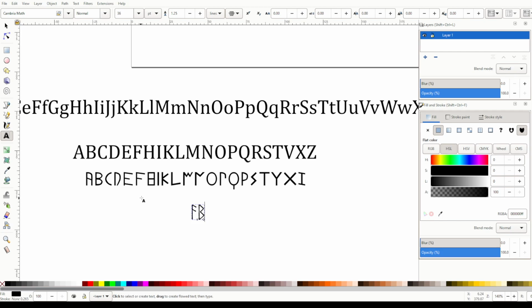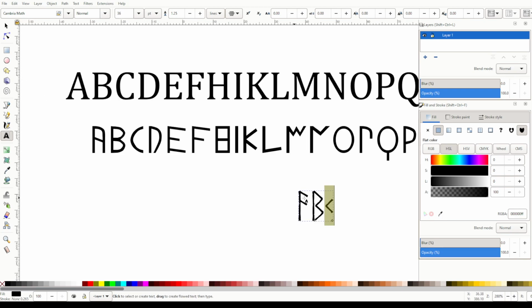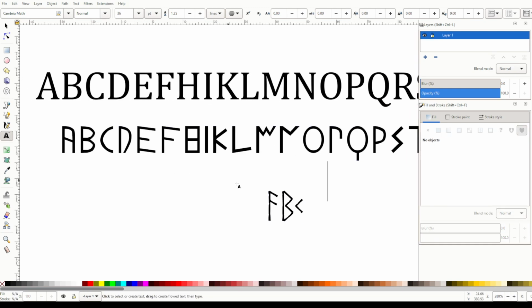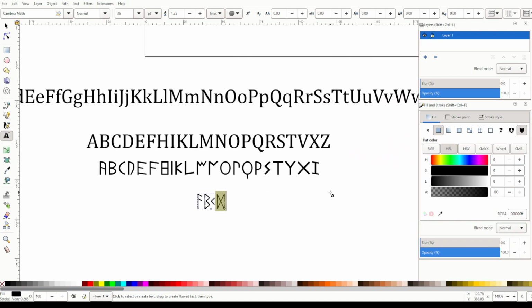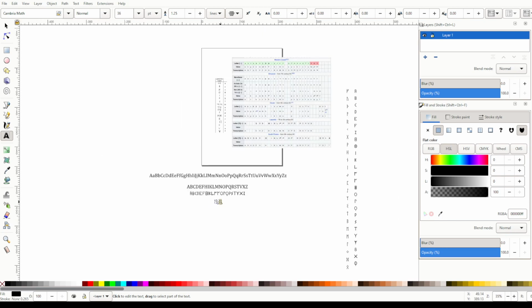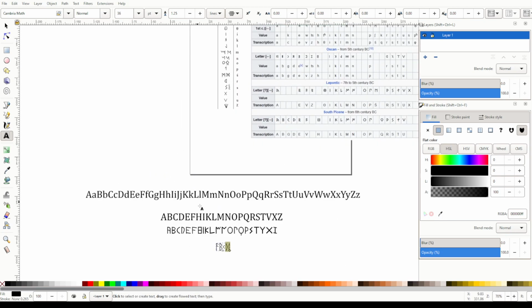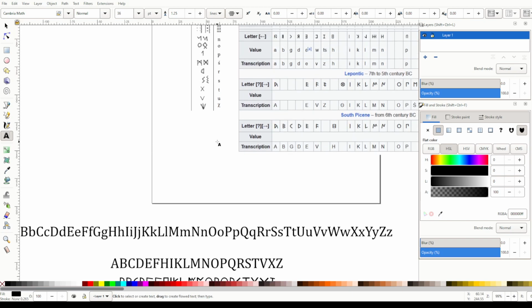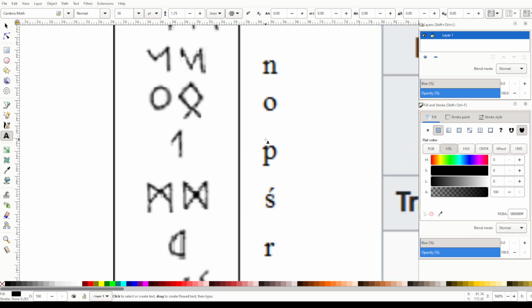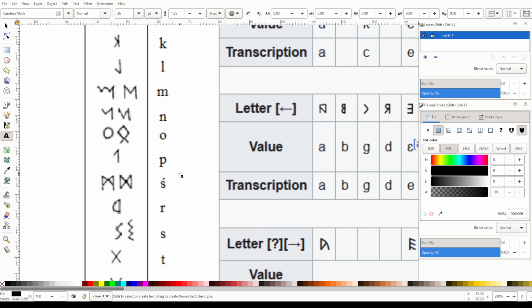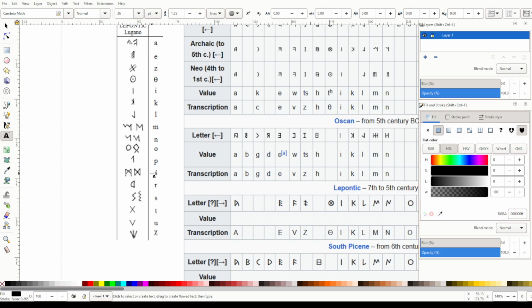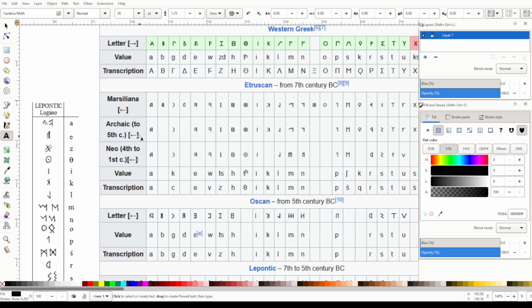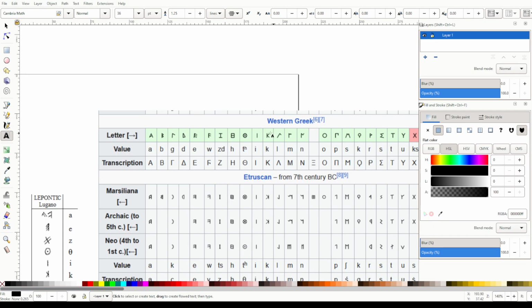A B then K. This K rune looks a lot like that. This D rune is interesting. So this makes the duh sound, but it looks a lot like this, the Pontic character. This, I don't know how it's pronounced, maybe ta or sha or something. It should also appear here.